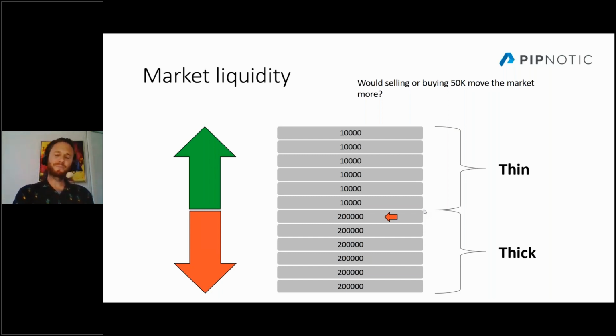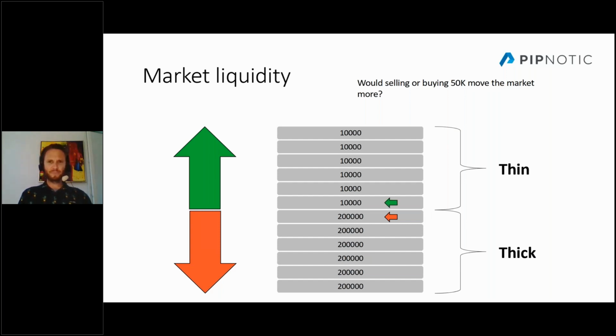If we're selling and we sell at market, our order for 50,000 is absorbed into the available liquidity below the spot price, which is 200,000. So if I want the price of this asset to go further down, even by 1 pip, then I'm going to have to sell an additional 150,000 to get price to move lower. Okay, and so my order doesn't do anything.